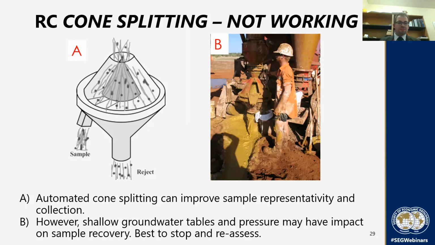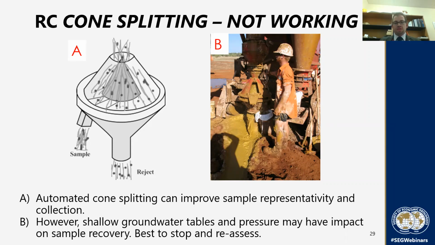You can see on the left-hand side that cone splitting allows you to equally subsample the sample that's coming from above, from the cyclone. However, that can improve the sample representativity in collection, but it doesn't work when you hit the groundwater table with a high water pressure.